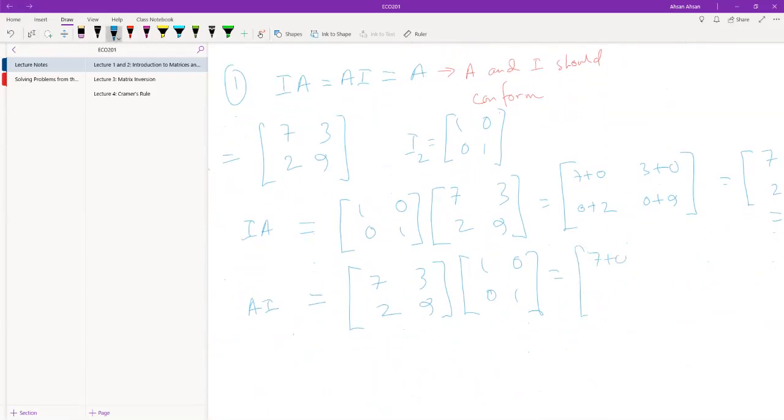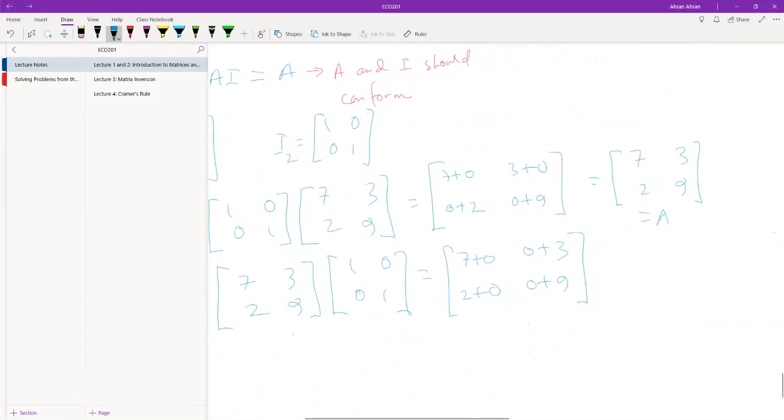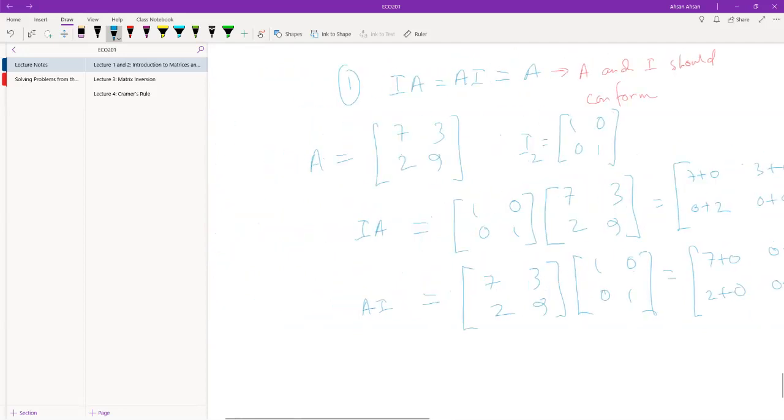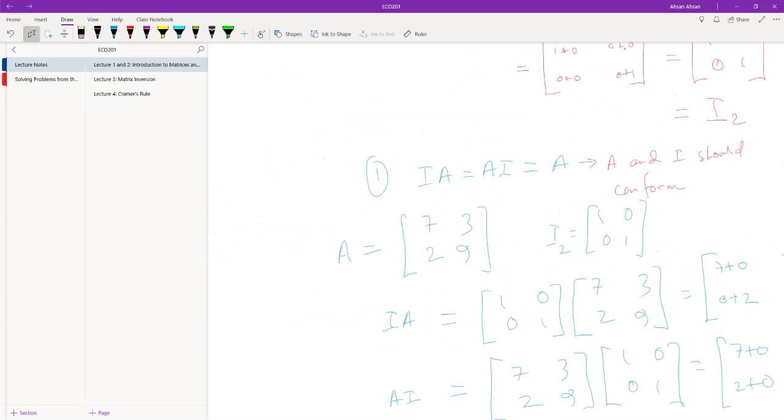Same thing actually. We get 7 plus 0, we get 0 plus 3, we get 2 plus 0, and 0 plus 9. And ultimately we get the same thing, 7, 3, 2, 9, which is also A. So this relationship holds as long as they conform.